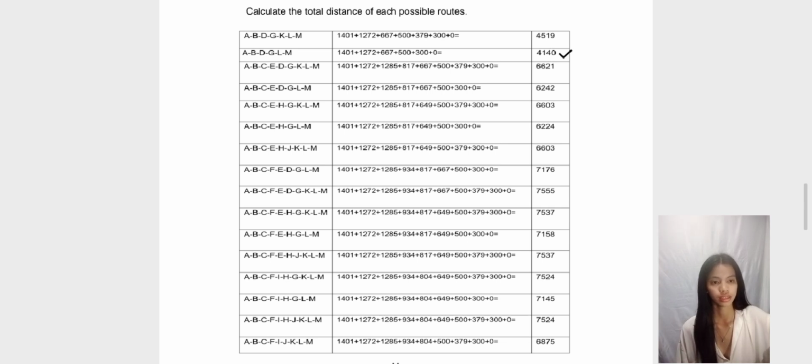The same method applies to the other possible routes. You calculate the total distance by summing up the values along each path, and then you determine which one has the shortest distance.